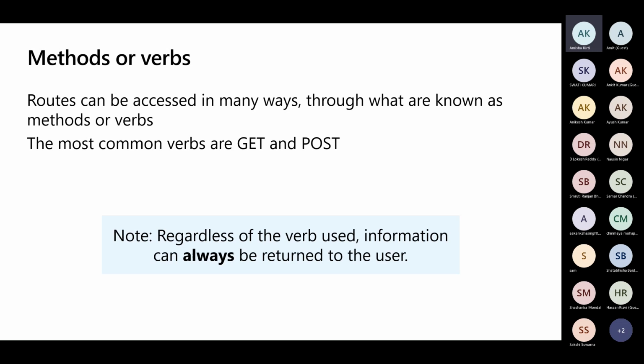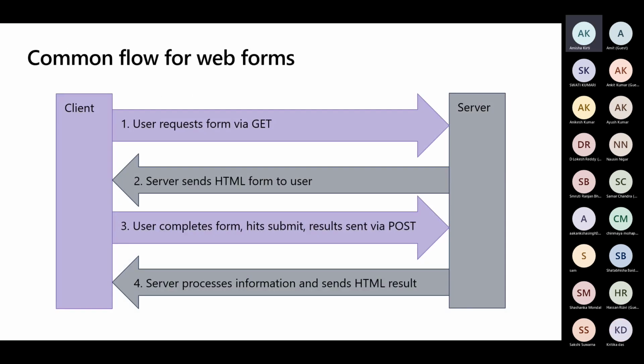The methods basically used for routing are get and post. If we want to access a form, we will use the get method in our code to get it. And when we submit it, the post method is called. Let's see more about it.